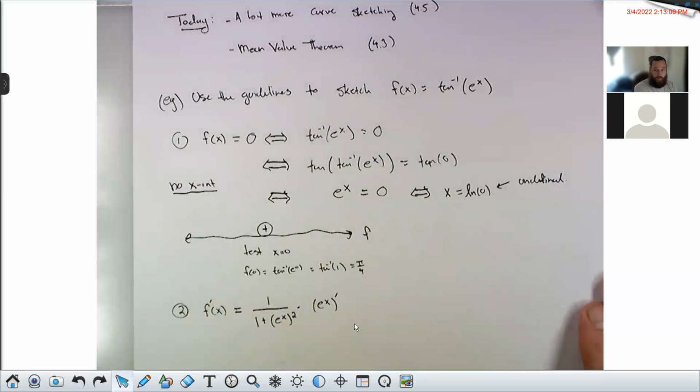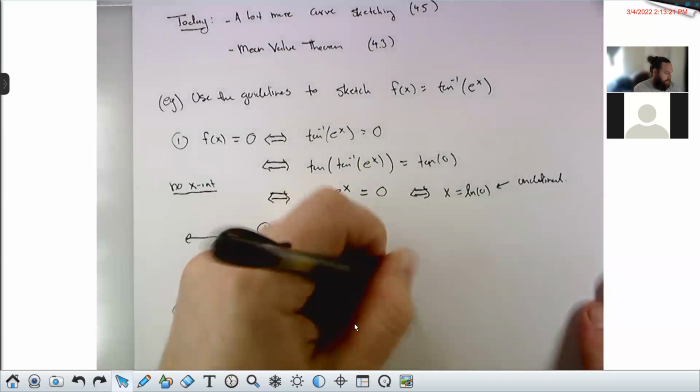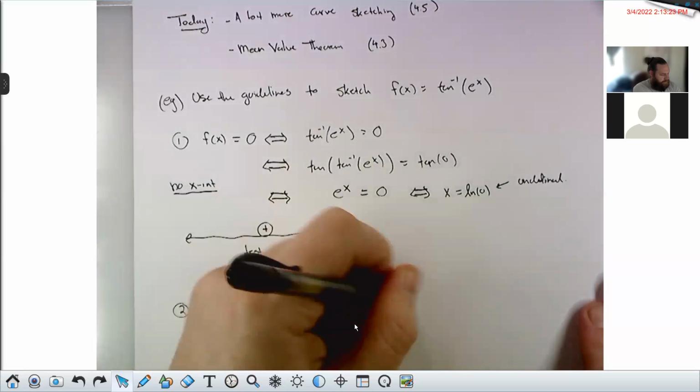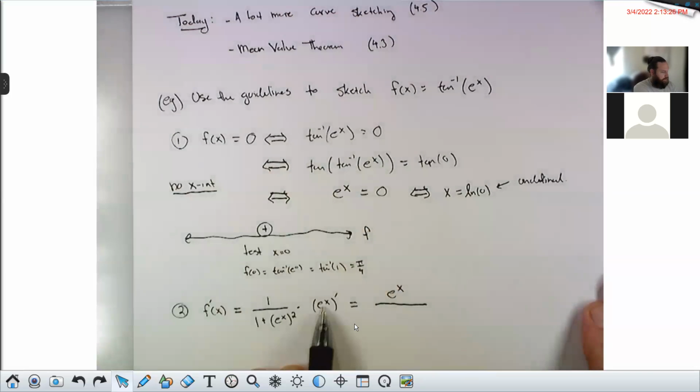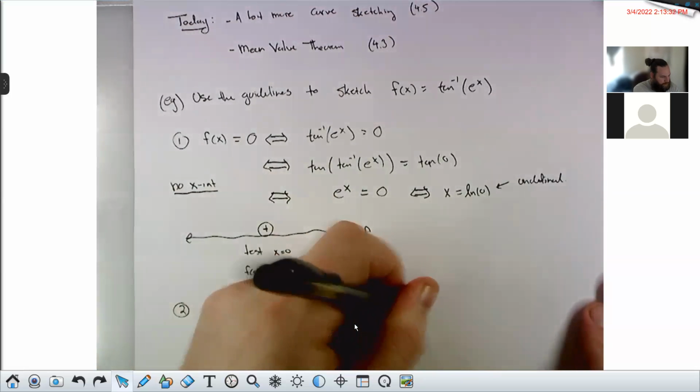Because the derivative of inverse tangent of u is 1 over 1 plus u squared. So this would be like your 1 over 1 plus u squared. And then you have to multiply by the derivative of the inside. The derivative of e to the x is e to the x. And if you take this guy, e to the x, then multiply by this fraction, you get e to the x over 1 plus e to the 2x.